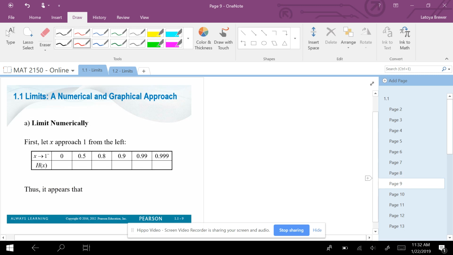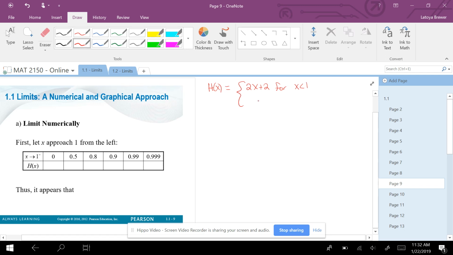I need to write my equation down to the left. So what we had was h of x is equal to 2x plus 2 for when x is less than 1, and then we have 2x minus 4 for when x is greater than or equal to 1.